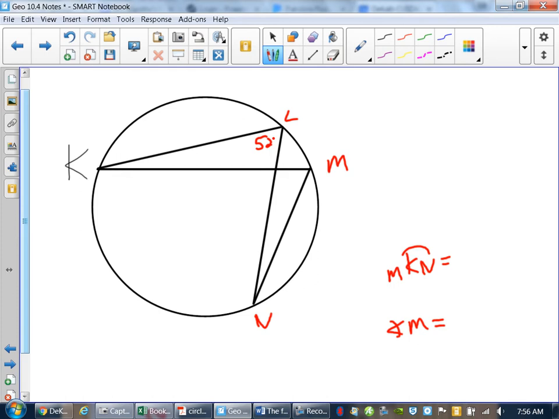Let's see what we can figure out. Yeah, that's a bad 52, sorry.